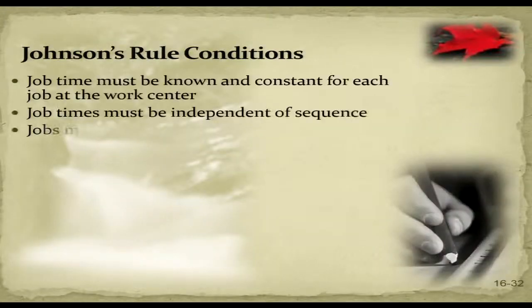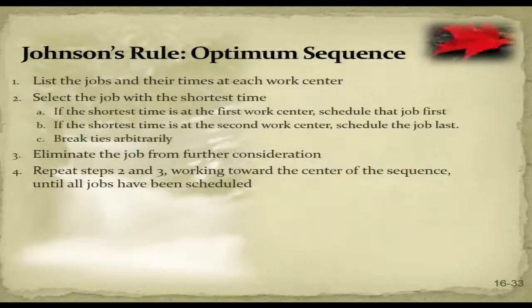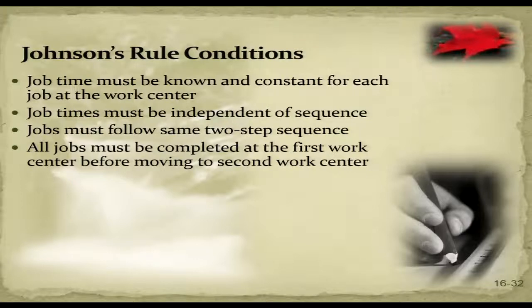So here are the conditions for using Johnson's rule. We must know the job time in advance. For example, job A is 5 hours in work center 1 and 3 hours in work center 2. This must be known in advance. And independent of sequence, which means if you process A first, B second, or B first, A second, it doesn't matter.